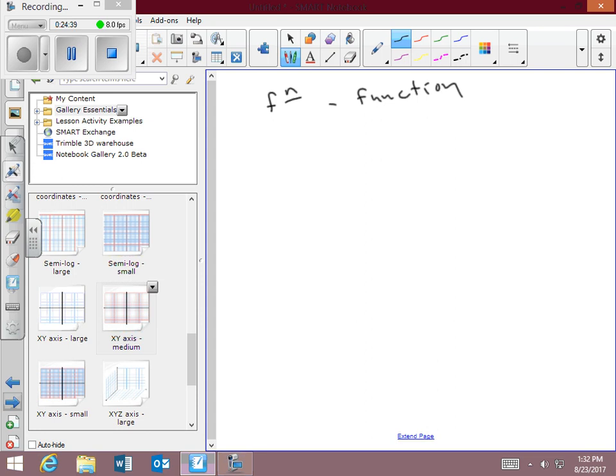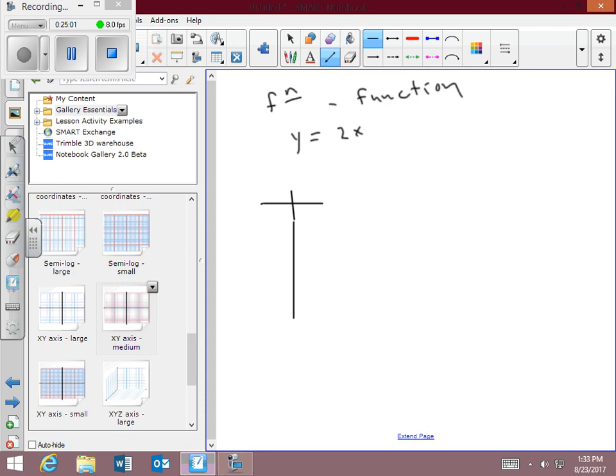So how do we name a function? Well, first of all, I want to show you a relationship. y equals 2x. Now, just as a partial amount of values for x and y, I'm going to write this.